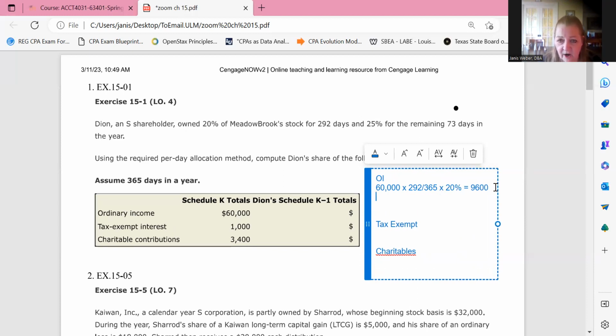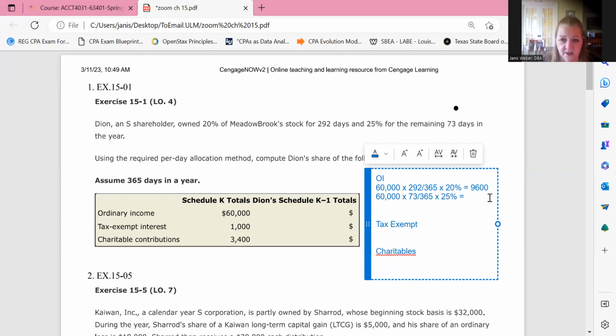And then we would have our 60,000. I think I'll just copy this down and change the percentage to 25. And it's not 292 days, it's 73 days at this 25% ownership.